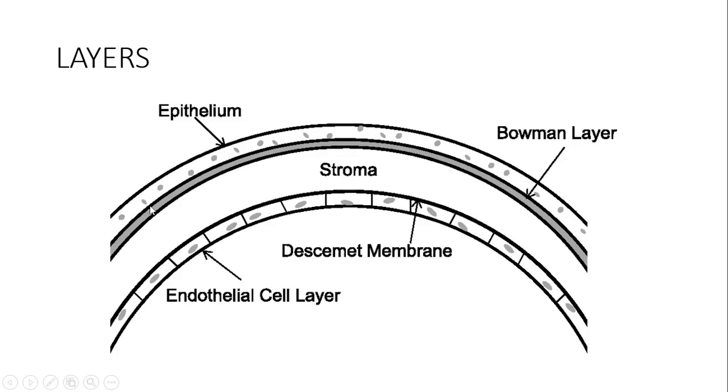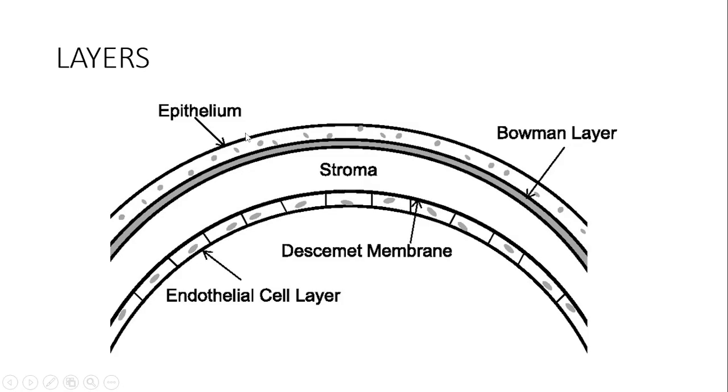No, so it's non-secretory. In summary, the epithelium of the cornea is stratified, squamous, non-keratinized, and non-secretory, with about 5 to 6 layers.